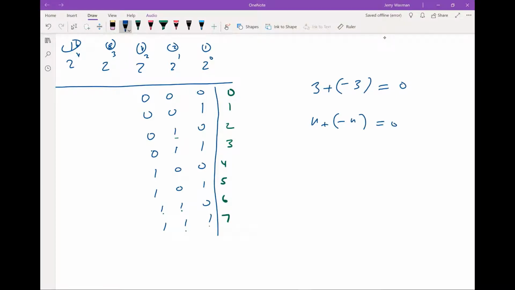So we can use that insight here. If I take some sequence, and another sequence would make it go to 0, 0, 0, I could say that the second sequence would be the inverse, the negative of the first. Okay, let's make that concrete. Let's see how that would work.